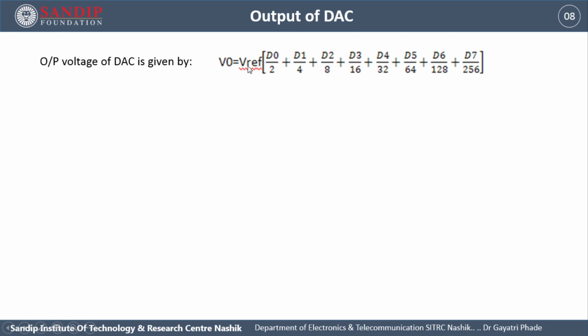V0 is equal to V reference and whatever bit pattern upon the 2 raised to 0, 2 raised to 1, 2 raised to 2, 2 raised to 3, 4, 5, 6, 7, 8. As 2 raised to 8 we get 256. So D0, D1, D2, D3 up to D7 are the bits.